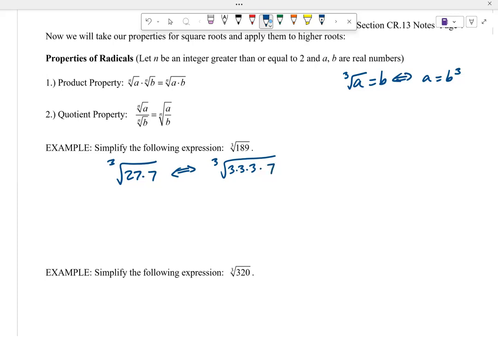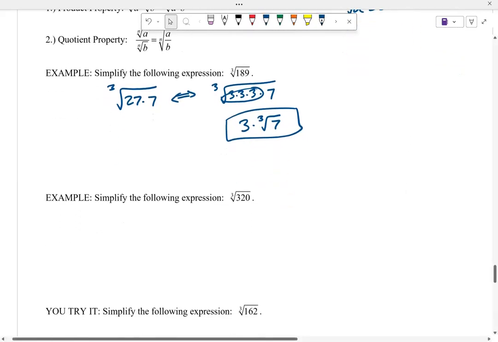So 3 times 3 times 3 times 7 are all my prime factors of 189. Again, I'm looking for 3 of a kind, right? Not 2 of a kind. So I'm looking for a third root. The third root of 27 is 3. So if 3 comes out, I'm just left with 3 times the third root of 7 as my solution on that one. Let's do another one, 320.